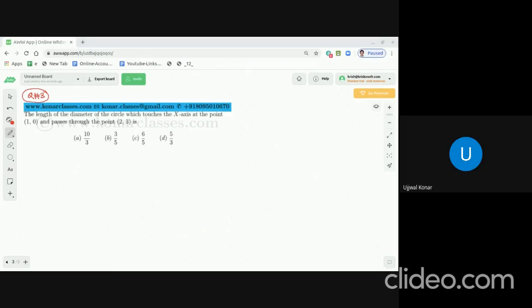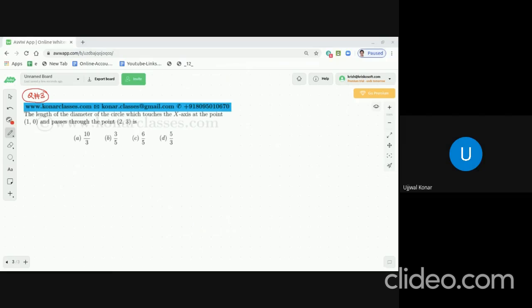So, according to the question, the circle touches the x-axis at the point 1, 0 and also passes through the point 2, 3. So first, let us give a visual representation of this.